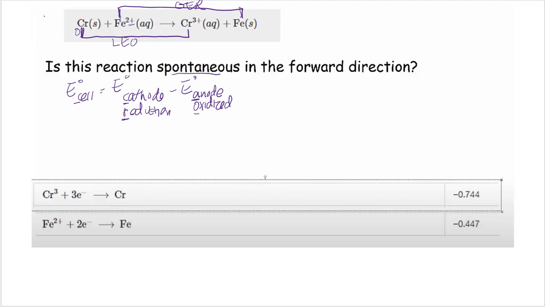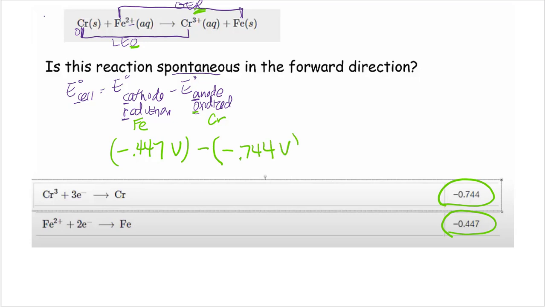So let's start with my reduced. My iron, this is my Fe value because we said it was being reduced. So my Fe value I'm going to use is negative 0.447 volts minus my oxidized, which is my chromium, my Cr, and my Cr is negative 0.744 volts.